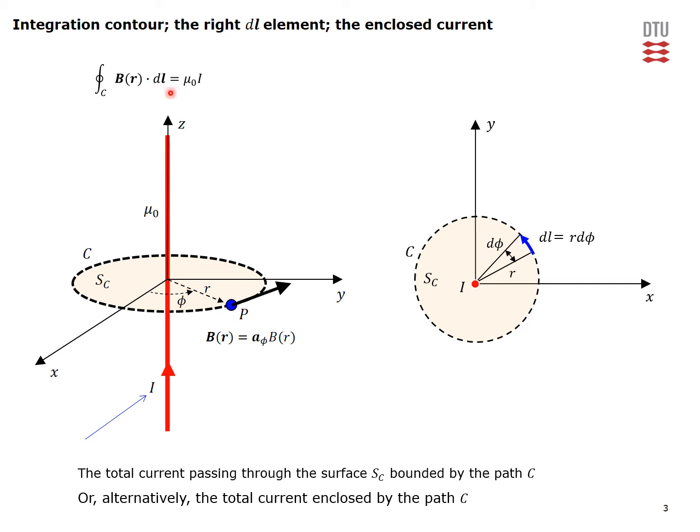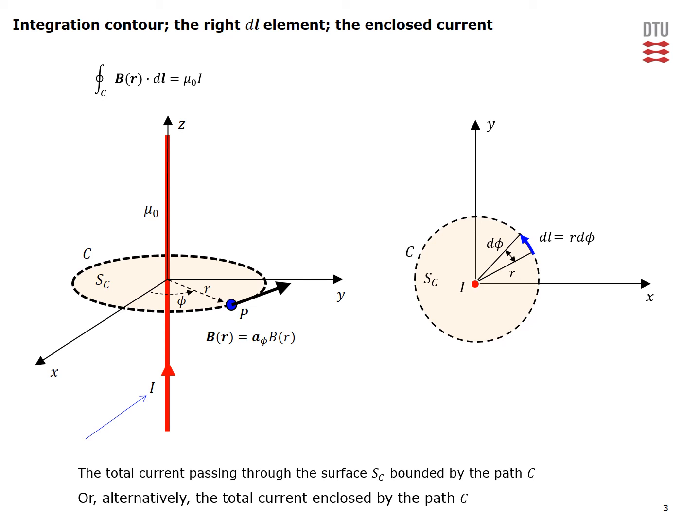Now we have to determine this dl element, which is the infinitesimal differential length element on the integration path, and this is indicated by this blue arrow over here.